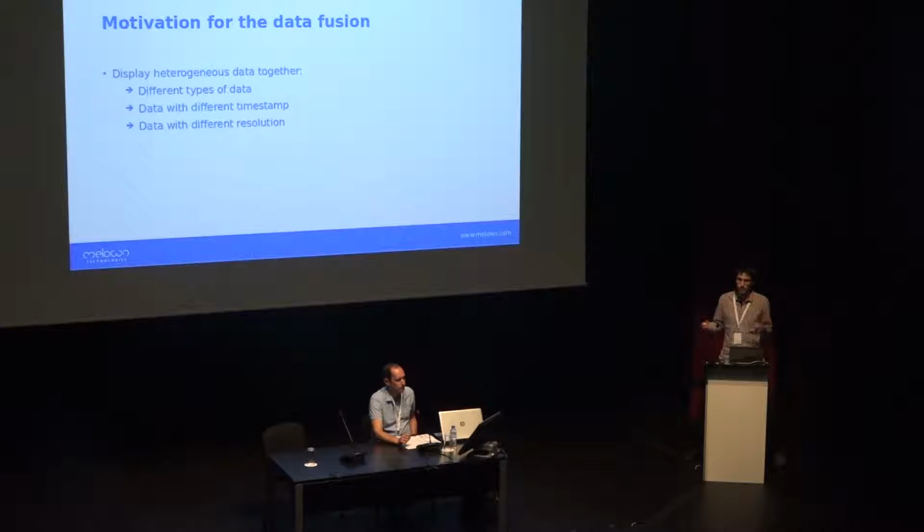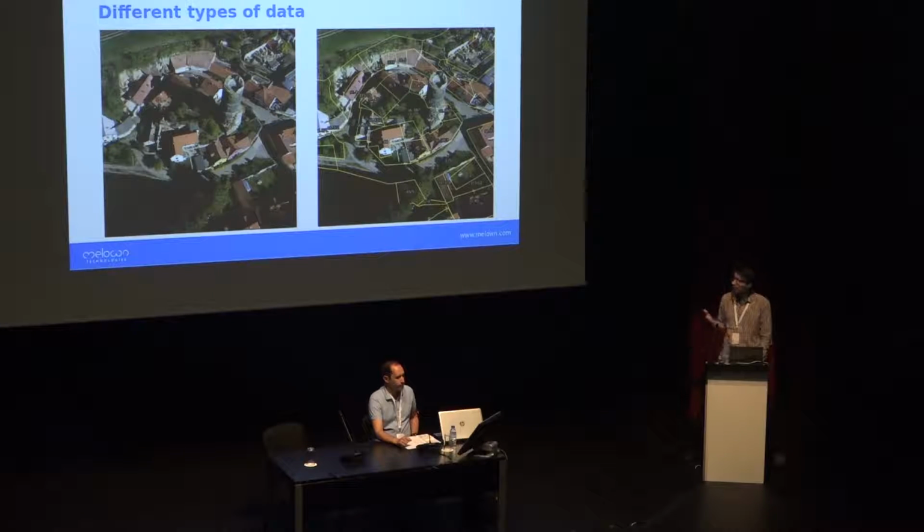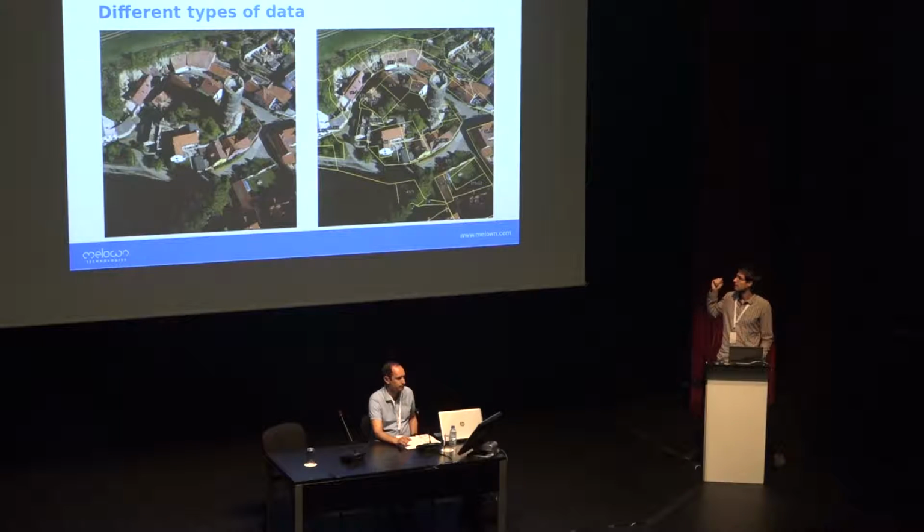In type, for example, you can have terrain models, orthophotos, which are totally different datasets in nature, 3D, vector data, multispectral data, and so on. In timestamp, that's clear: you have the same location captured at different times. Resolution, again, is different.